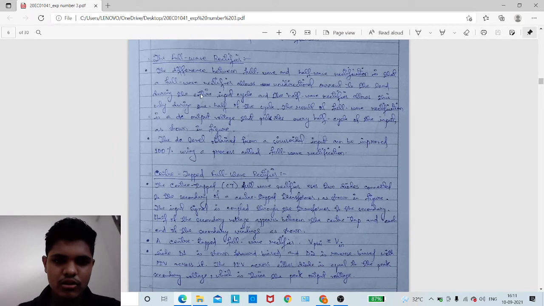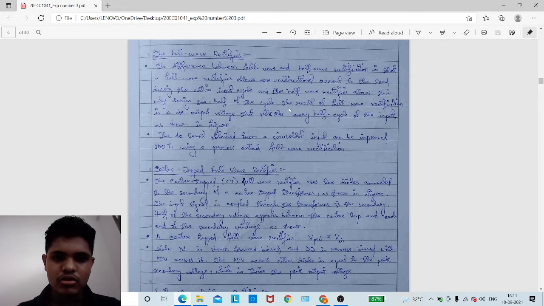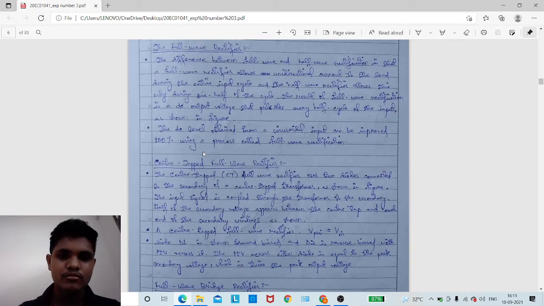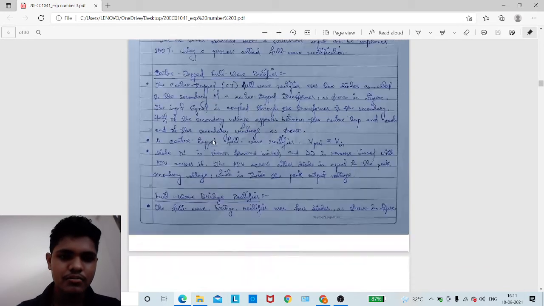Coming to the theory of the full wave rectifier, we have explained what full wave rectification is. The DC level obtained from a sinusoidal input can be improved 100%, because it will process all the waves, unlike the one directional wave only being taken into account.